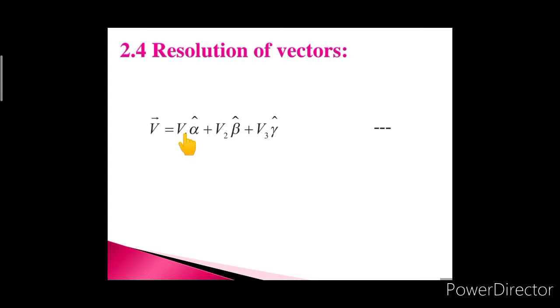So over here, vector v is written as a sum of these three vectors along fixed directions, where alpha cap, beta cap and gamma cap are the unit vectors along the chosen directions, and v1, v2, v3 are known as the components of vector v along these three directions.